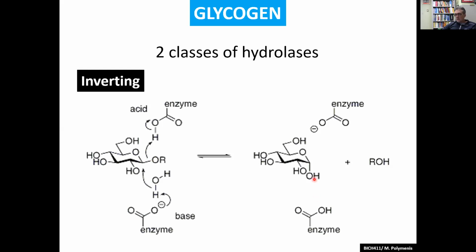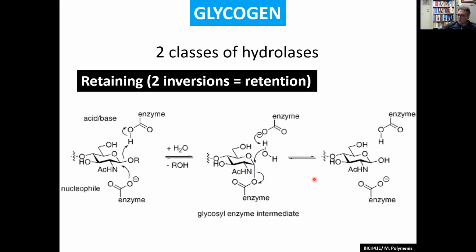Okay. How do you get the retaining? Well, you do two inversions. Two inversions equal retention, and that's exactly what happens with this class of enzymes, the retaining ones. They just do two inversions. And you can play the same game. The enzyme directly, a carboxyl group in this case, participates in one of these reactions, and then the water comes in, and then you have a retention of the configuration that you started with.